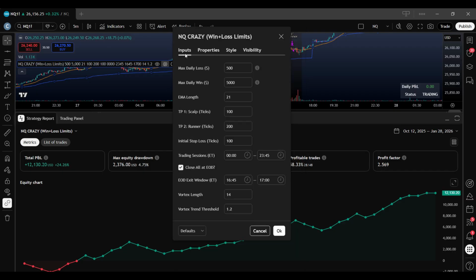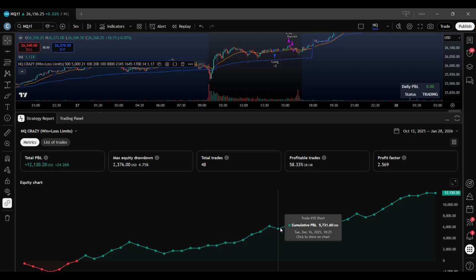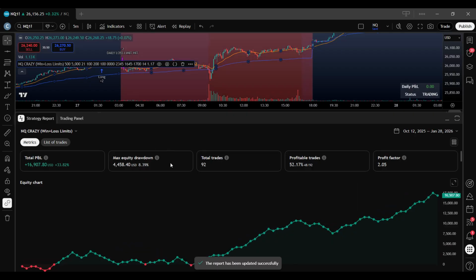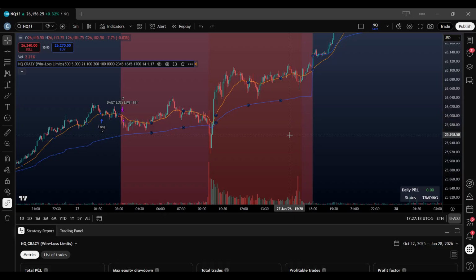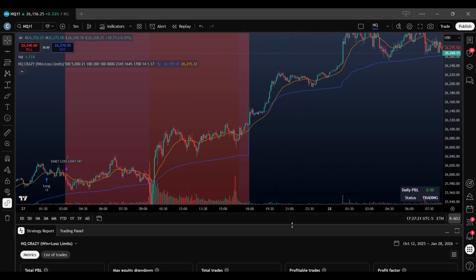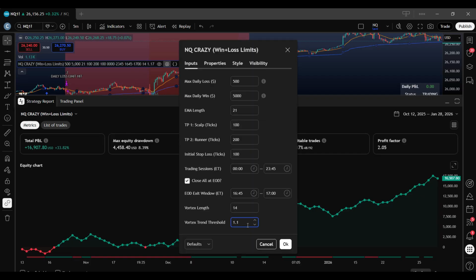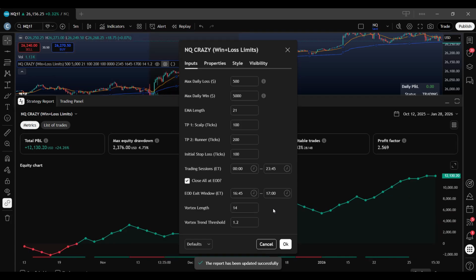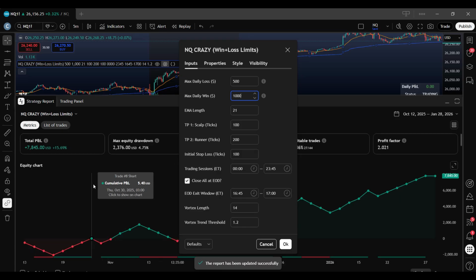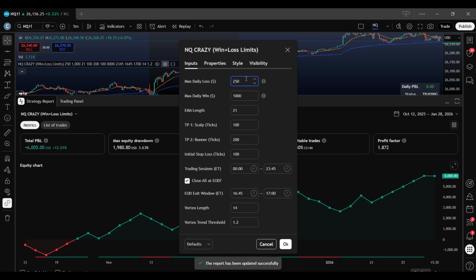When I move that back to 1.17, it creates more drawdown. So you've got to look at it and think, right, what do I need to make this work on a prop firm account? Obviously, max daily win might make a difference to your drawdown. Your max daily loss is going to make a difference to your drawdown.